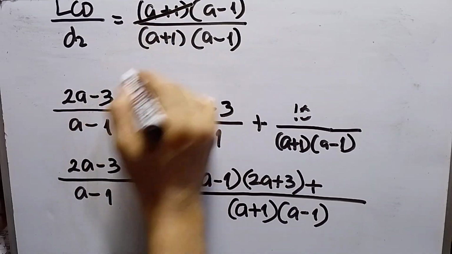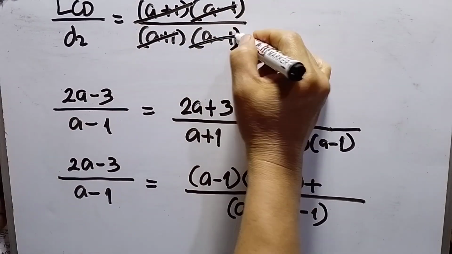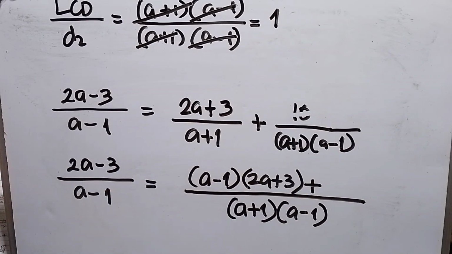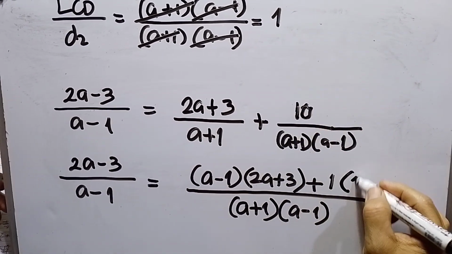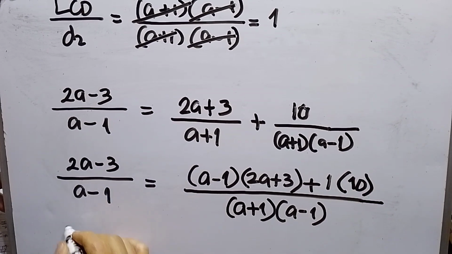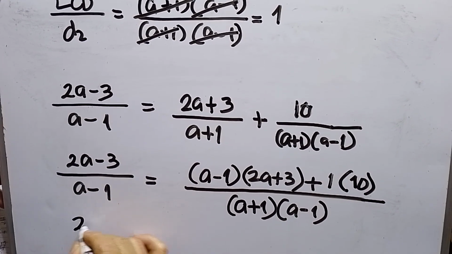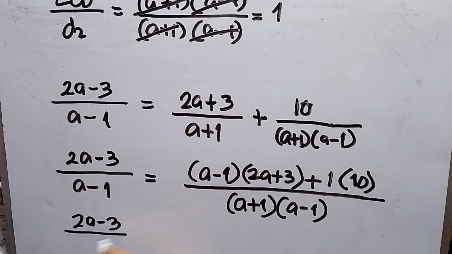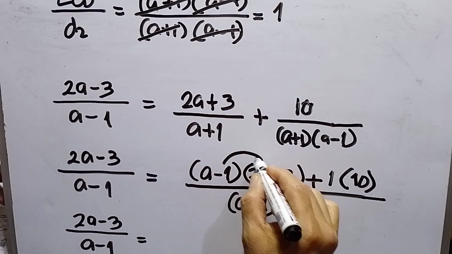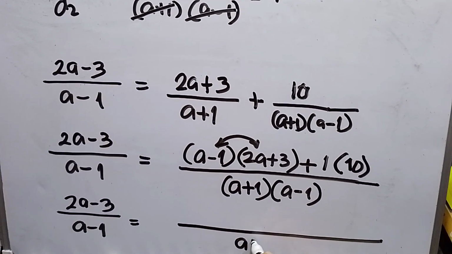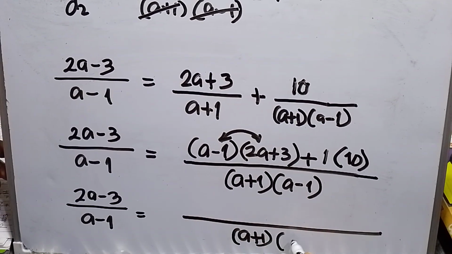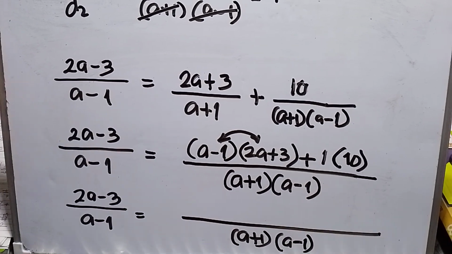So a + 1 is crossed out and a − 1 is crossed out, so this will be equal to 1. 1 times the numerator, which is 10. So need to copy (2a − 3)/(a − 1) and then simplify by multiplying the factors. So a + 1 for the denominator and then a − 1.